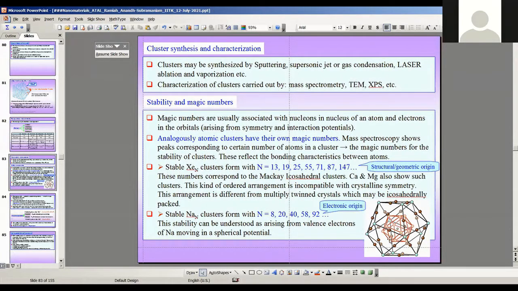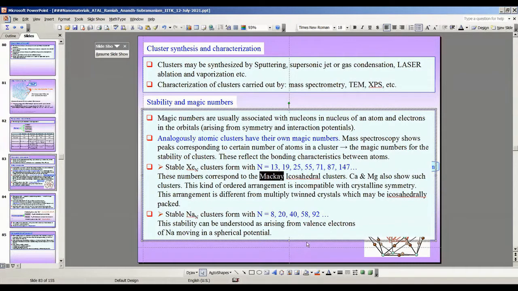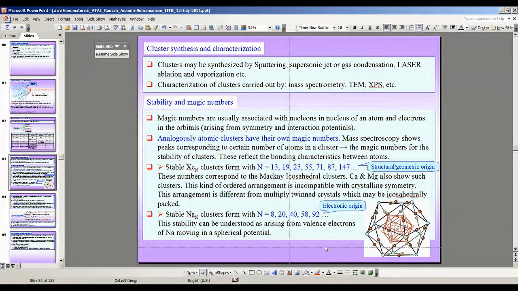Not these clusters. These happen in smaller sizes, and of course, this Mackay is Professor Alan Mackay, who used to be at Birkbeck College, London, and he has visited Bangalore many times. That's a very nice thing about this particular cluster. Very few people have actually had solids named after them, like for instance Plato, the Platonic solids, or the Bernal deltahedra.